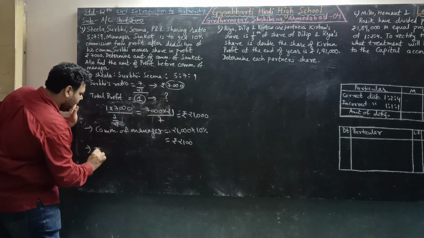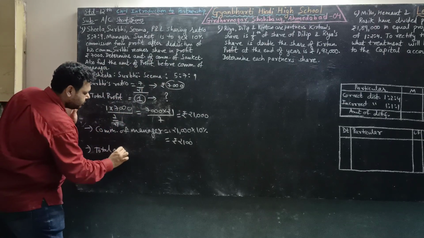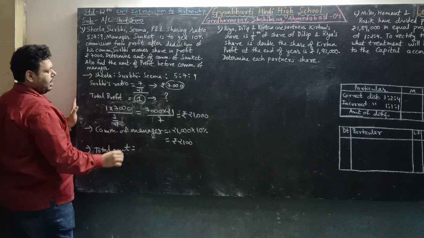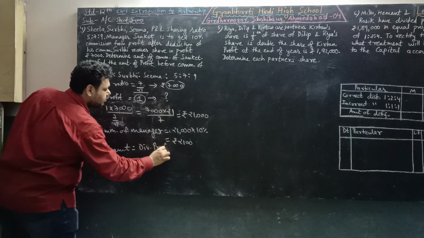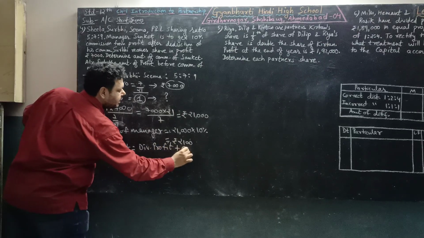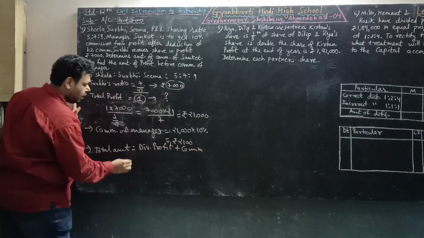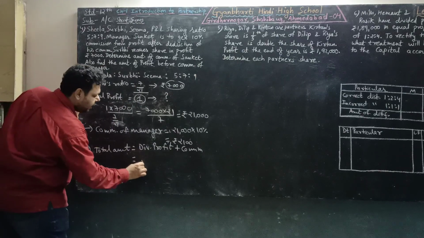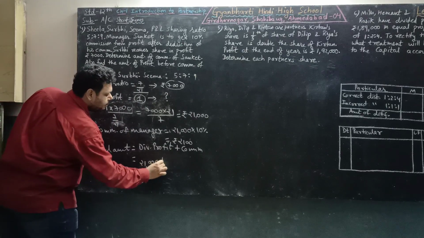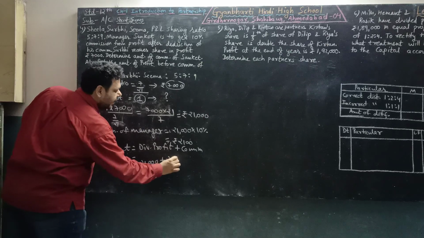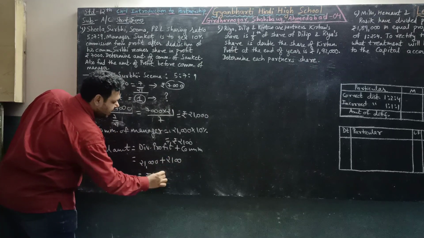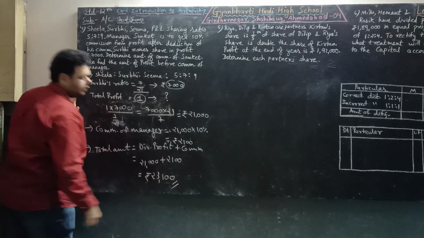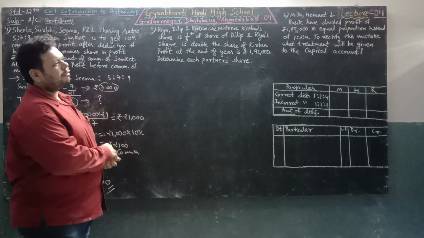So total amount is divisible profit plus commission of manager. So divisible profit is 21,000 plus commission is 2,100. So total we will get 23,100.